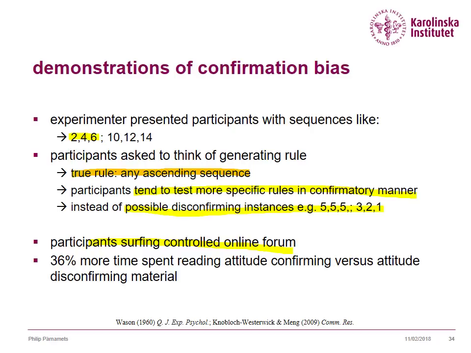And generally it was found that 36% more time was spent reading attitude-confirming versus attitude-disconfirming material. So also in these ecologically valid settings, where participants are not doing a contrived task like generating number sequences or doing the Wason card task, the predictions of the confirmation bias framework are upheld.